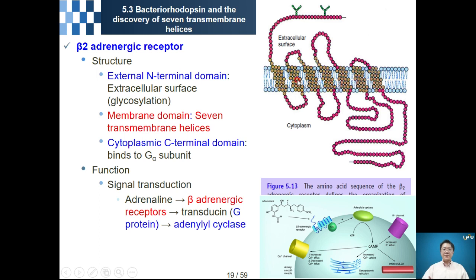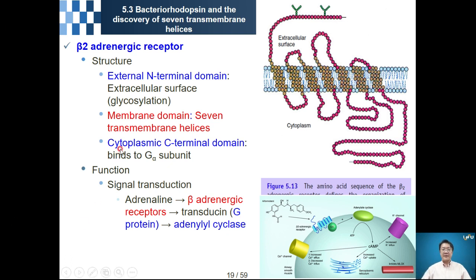These 7 transmembrane helices have a higher content of hydrophobic amino acids, for example alanine, leucine, isoleucine, and valine. When I mention alanine, leucine, isoleucine, and valine, you have to think about all of their structures, okay?